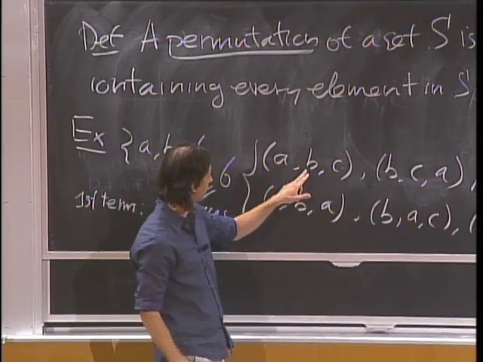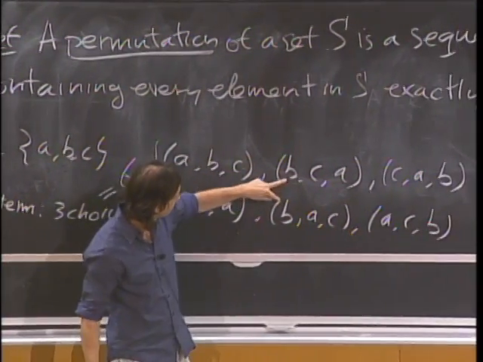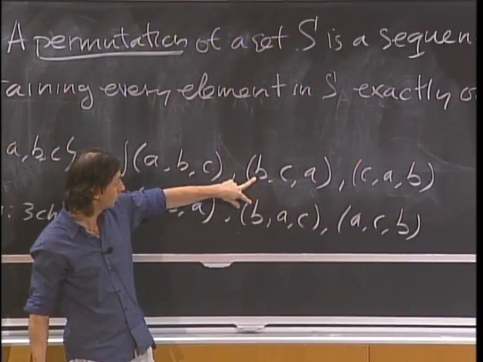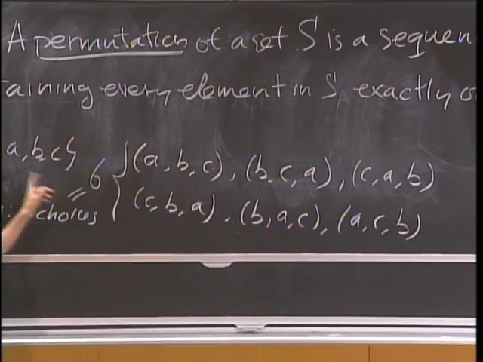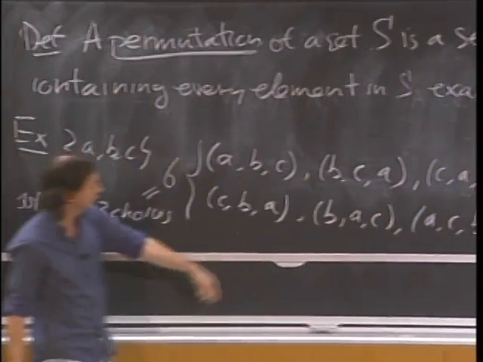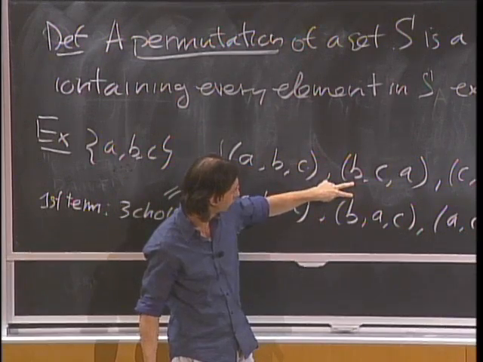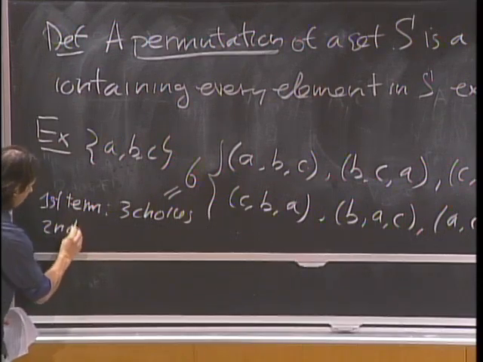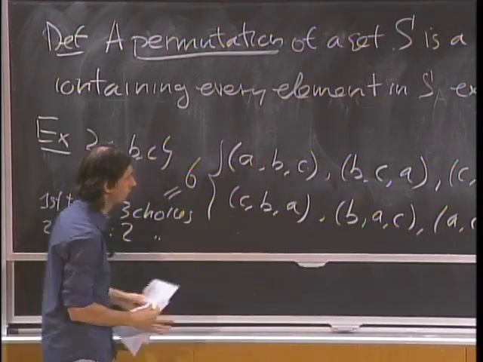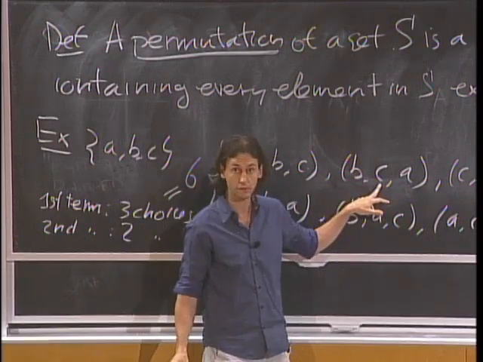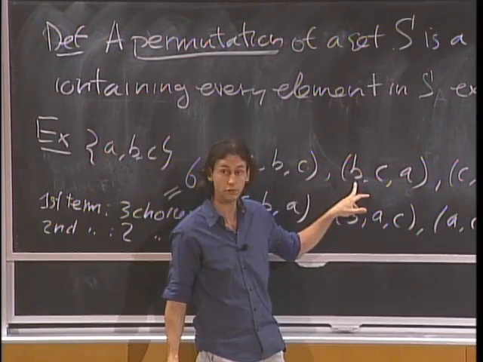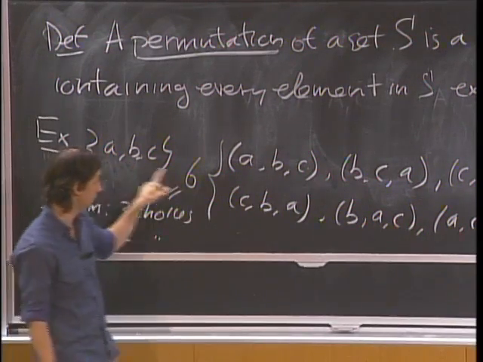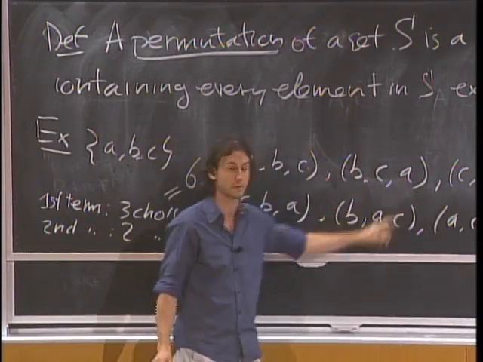For the second term, for example, suppose my first term was B, then the second term must be an element that is different from B, yet part of S. So I have only 2 choices for the second term, either C or A. So the second term has 2 choices. And once I've chosen the second one, if I've already chosen B and C, there's only one element left in the set, only A, so I have only one choice left.